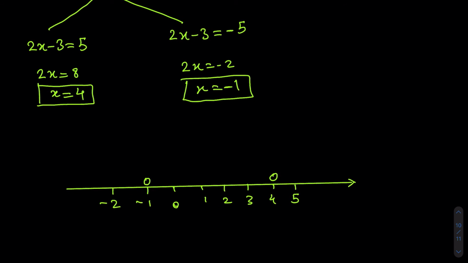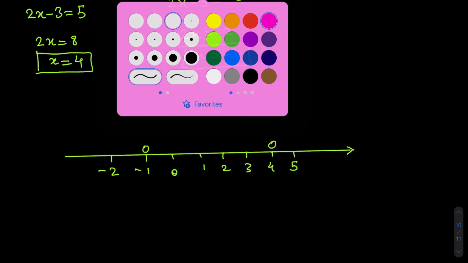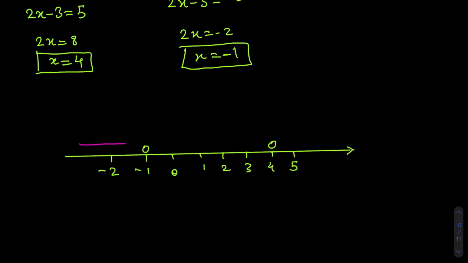Now, what is the next step? The next step is we need to approach these critical values either from this side, from negative infinity, or from positive infinity. Let's approach one of these critical values.